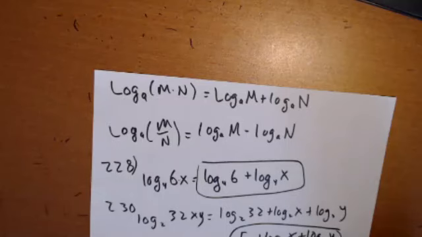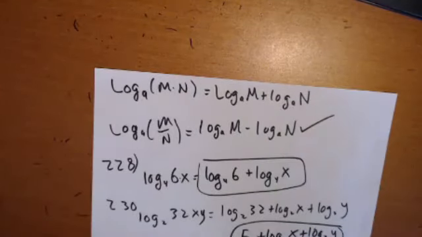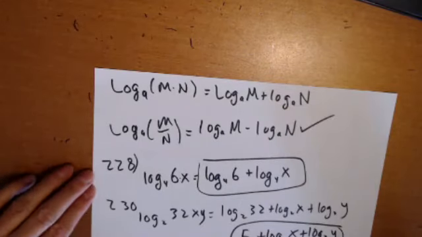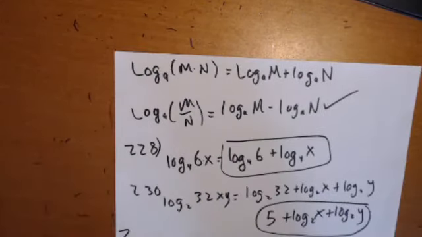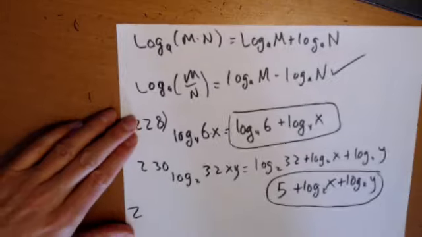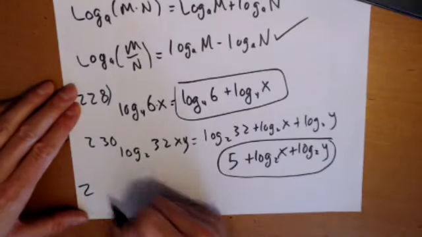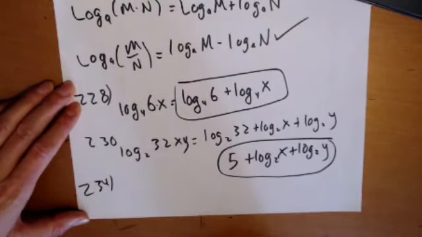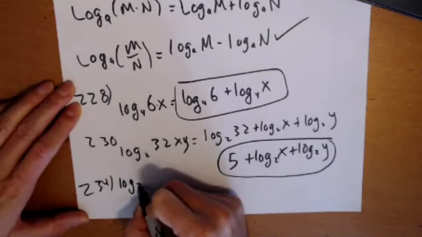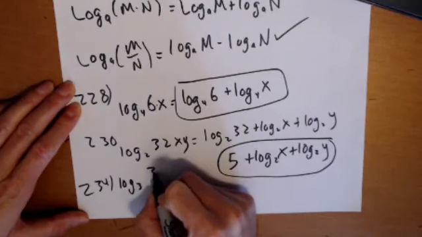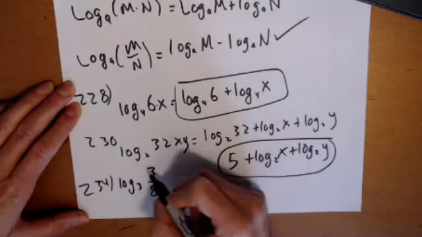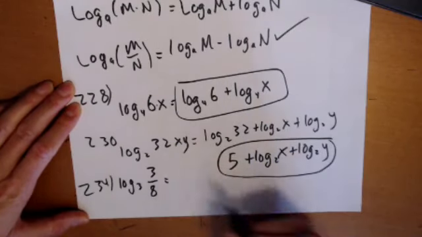Now we are going to use the division formula for something like 234. It says log base 3 of 3/8.